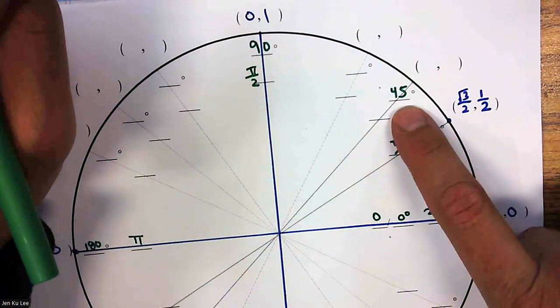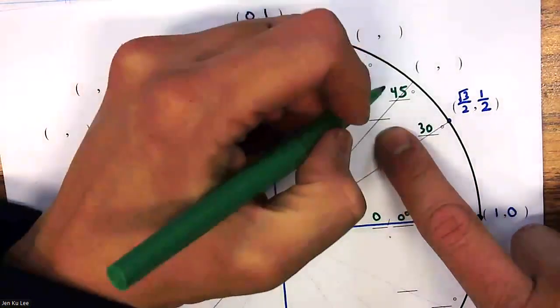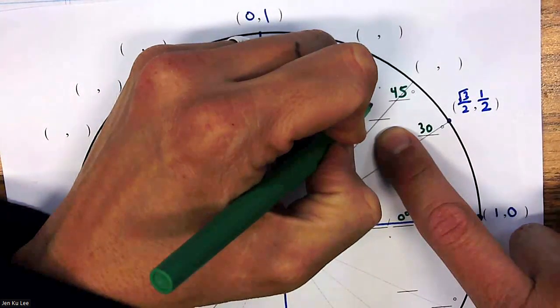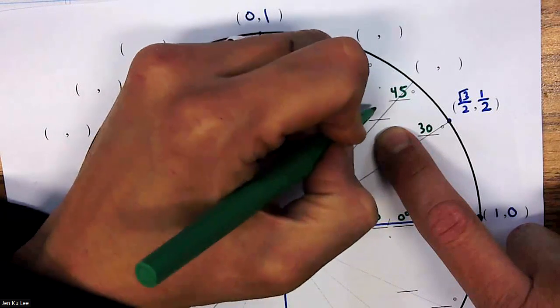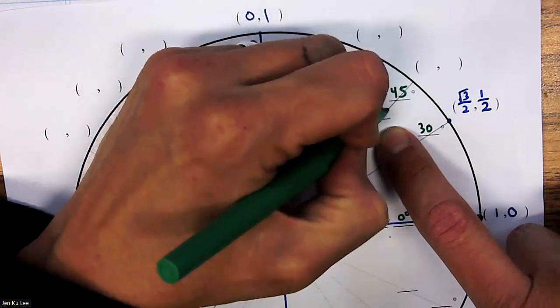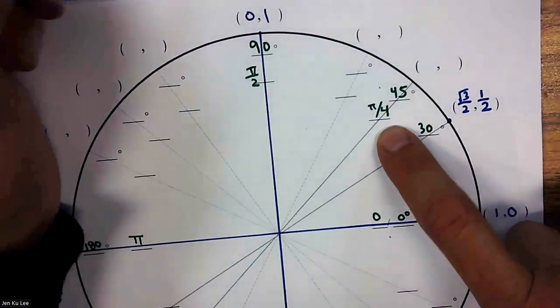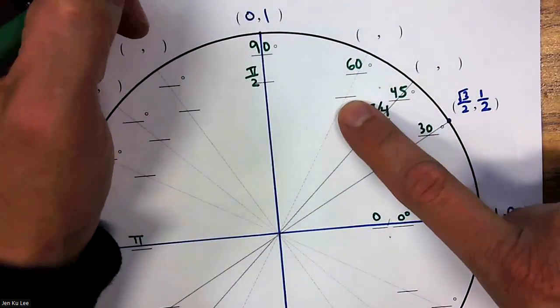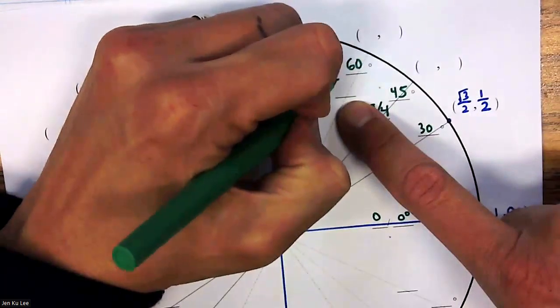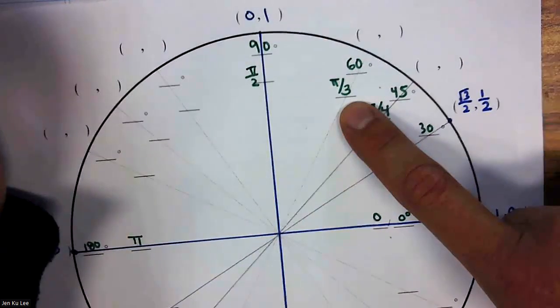In radian measure, 45 degrees will equal pi over 4. This angle here is 60. This would be pi over 3.